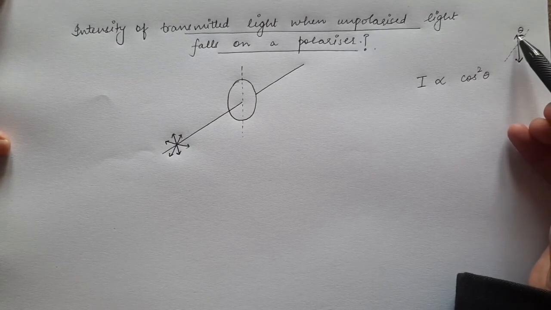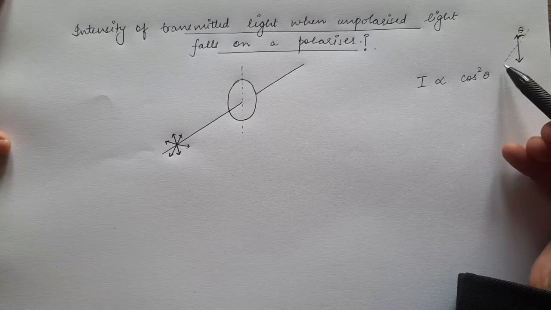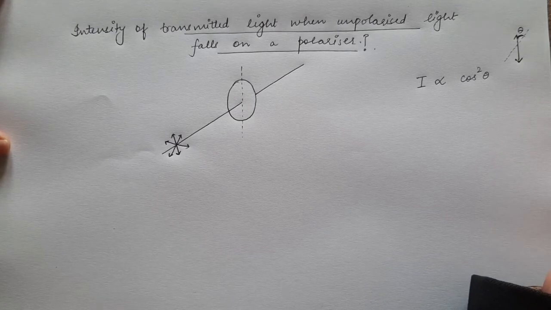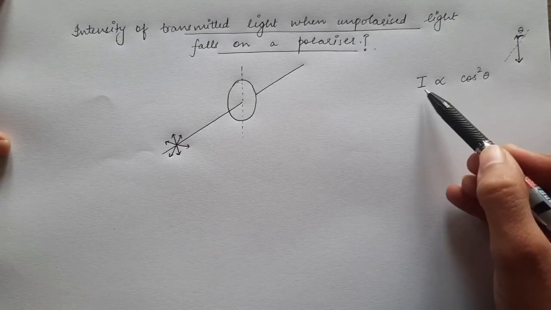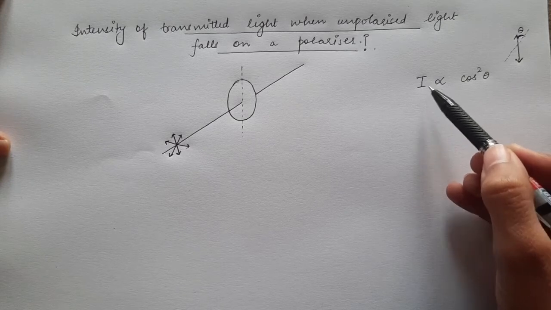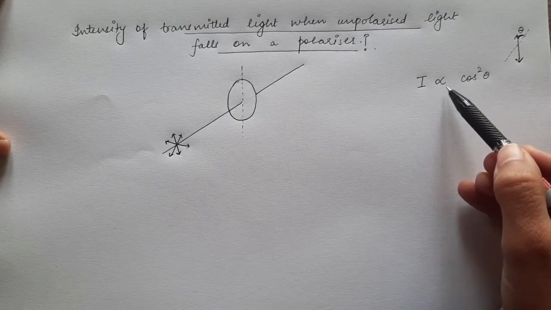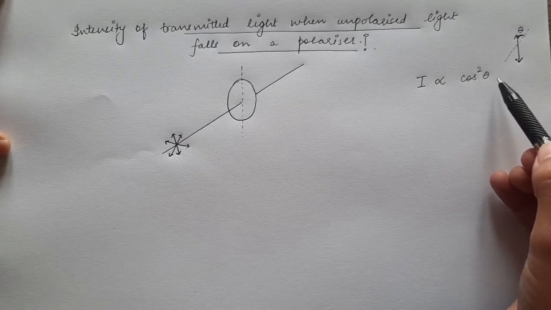So only the component which is parallel to the transmission axis will be allowed to pass through the polarizer. So the intensity of the transmitted light is directly proportional to cos square theta.